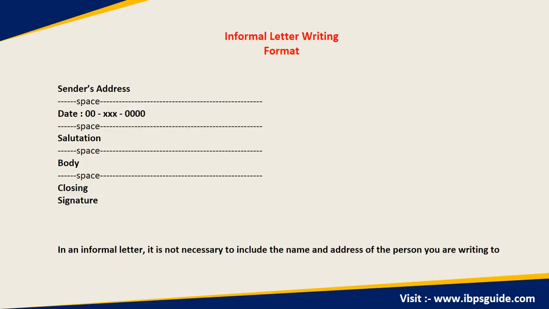But even if you do include it, it's not a mistake. It's fine. It's all right to include it in informal letter writing as well, but you don't have to. Especially if you're writing to your mother or your brother, you don't really need to write the to address over there. Okay, so let's move on to the different aspects of informal letter writing.